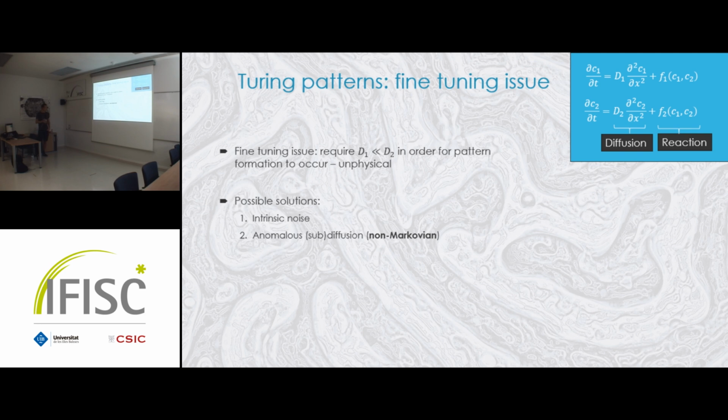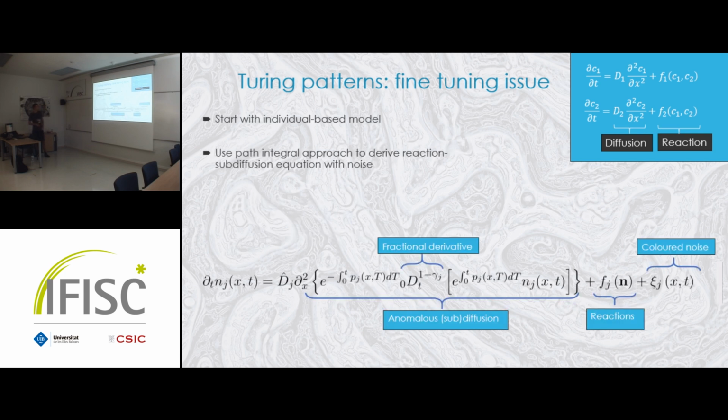But furthermore, another possible solution is the inclusion of so-called anomalous diffusion effects, which make it so that the ratio of the diffusion coefficients required for pattern formation is not quite so great as it would be in a normally diffusive case. Okay, so what we thought was, you have these two solutions, how about we put them together?